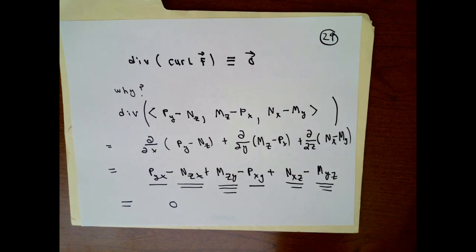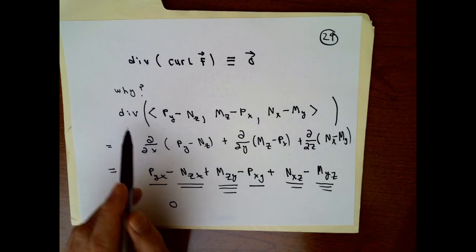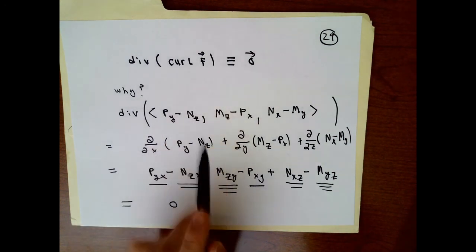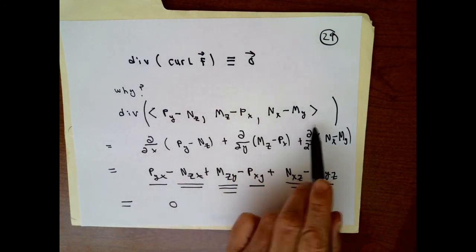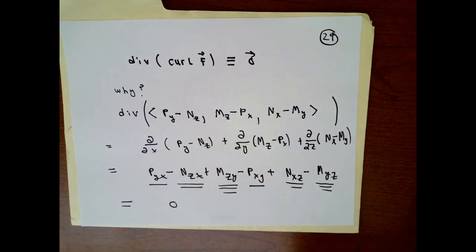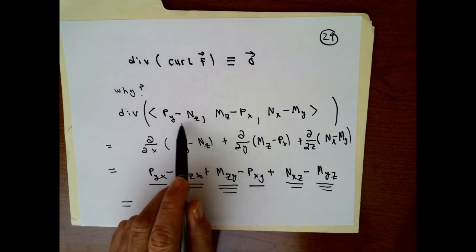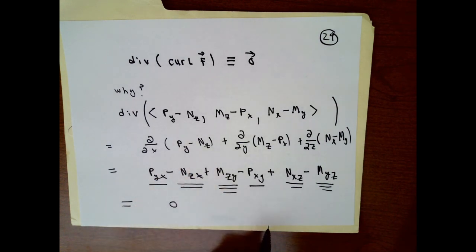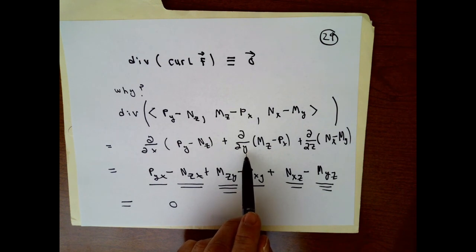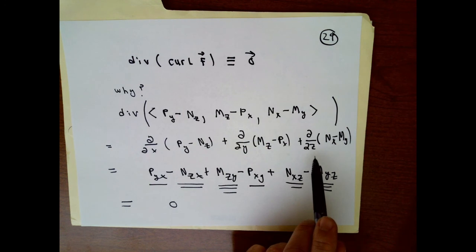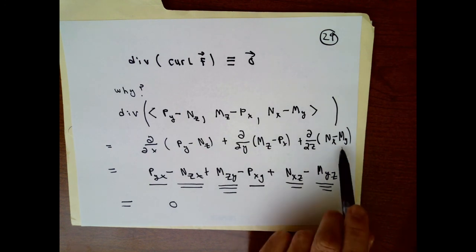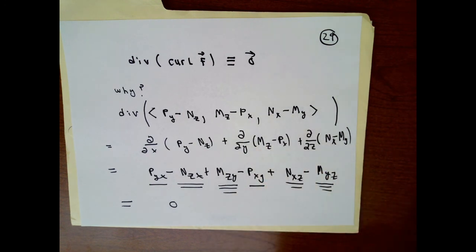Firstly, why is that true? I'm going to take the divergence of the curl of f, and we had already written out the components of the curl. To do the divergence, I have to take the partial derivative with respect to x of this component plus the partial derivative with respect to y of that component plus the partial derivative with respect to z of this component.